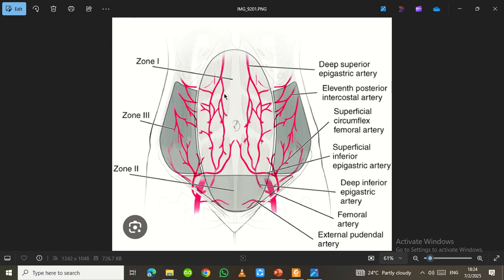Zone number one is supplied by blood vessels within your rectus sheath. If you remember, the rectus sheath has the superior and the inferior epigastric artery. The external iliac artery gives the inferior epigastric artery, and the internal thoracic artery gives the superior epigastric artery.